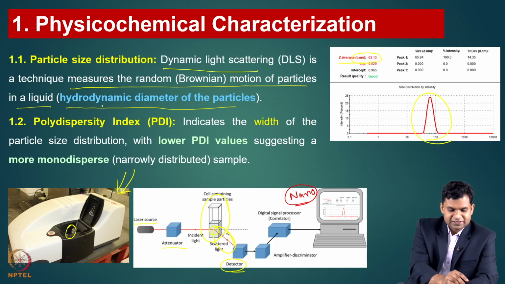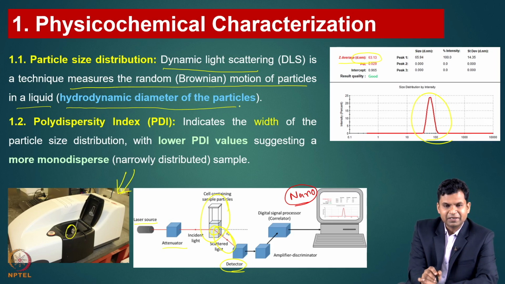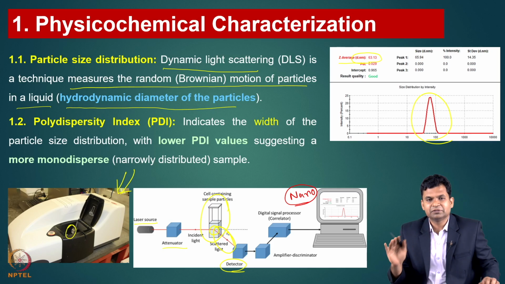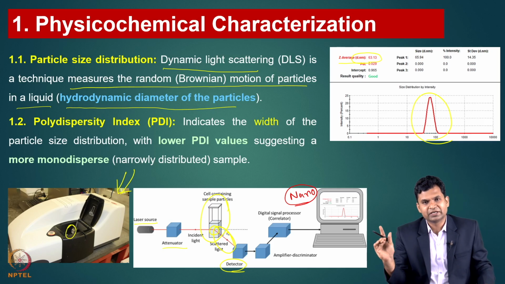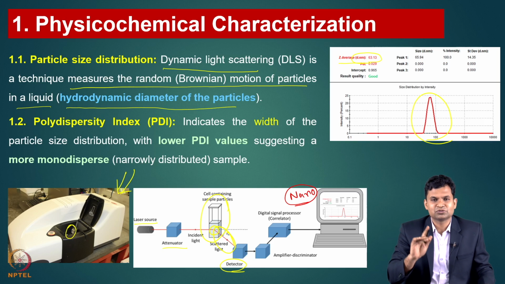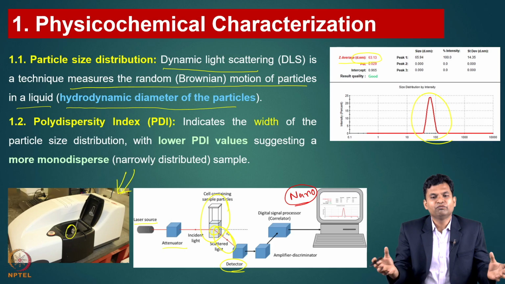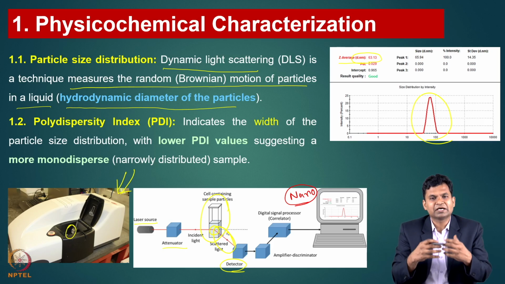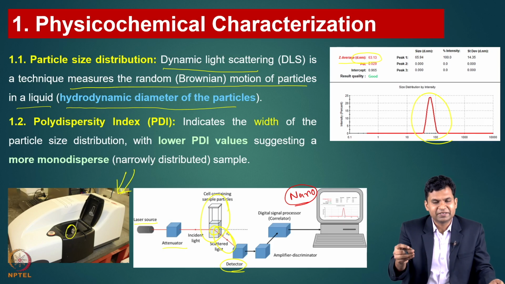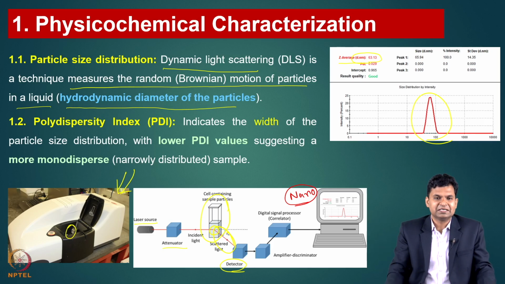That is the indication of the hydrodynamic diameter of the particles; it will not give the particle size of a single particle, as you get in SEM, TEM, and AFM. Here, we need to disperse your nanoparticles in the cuvette, and then the cuvette is placed, which gives the average hydrodynamic diameter of the particles suspended in your liquid medium. So, that is the limitation of the DLS instrument.